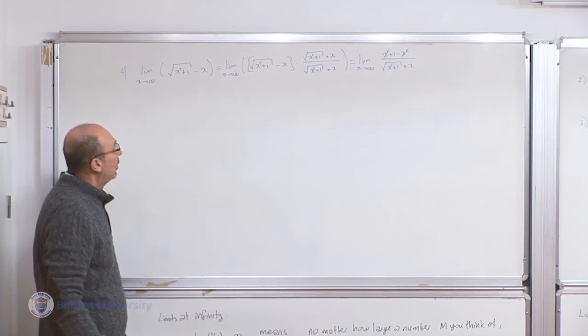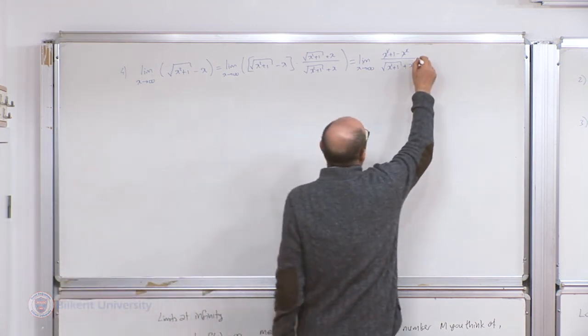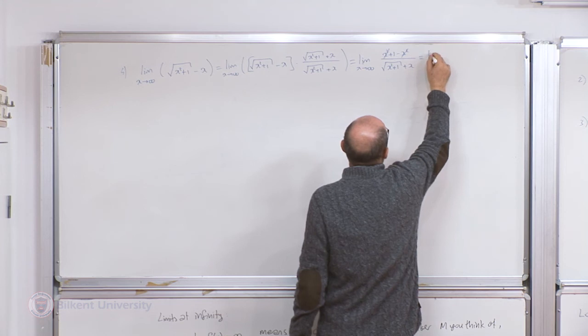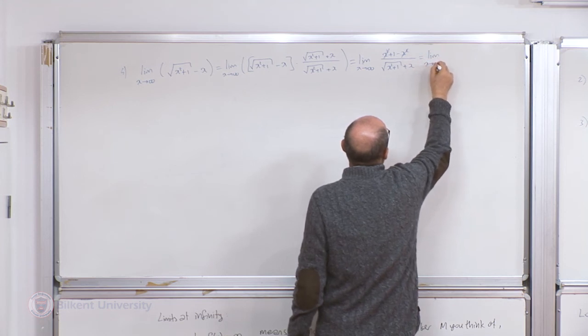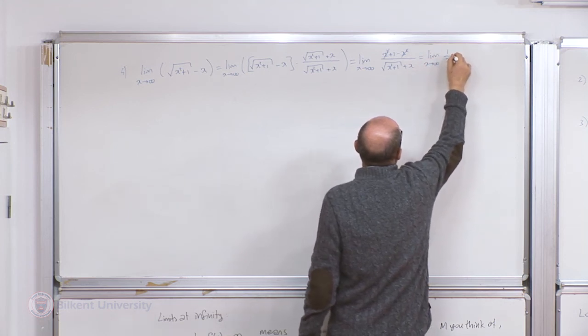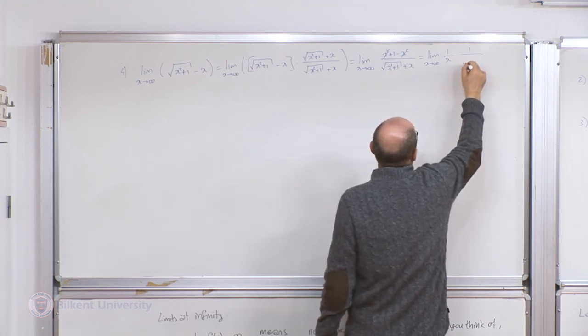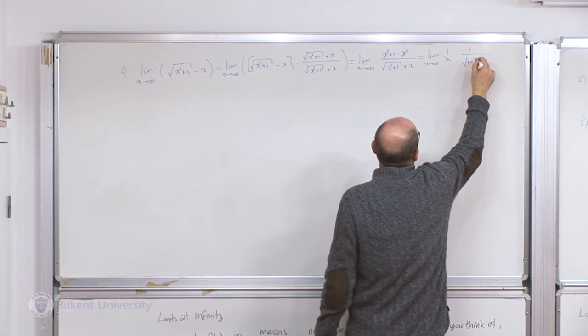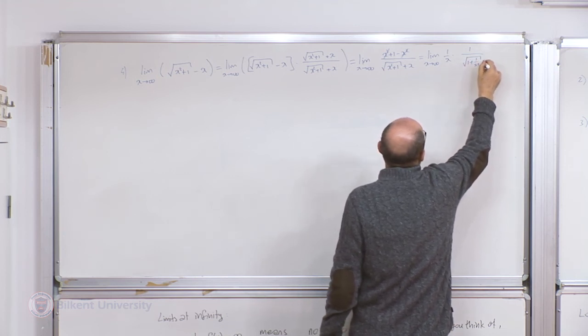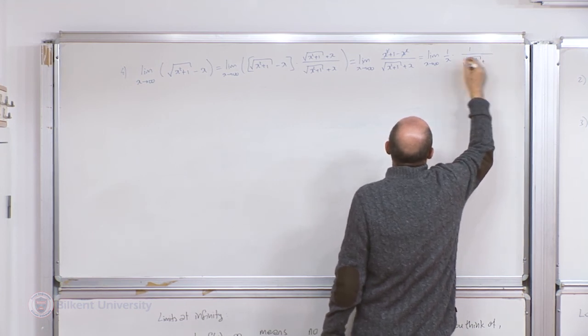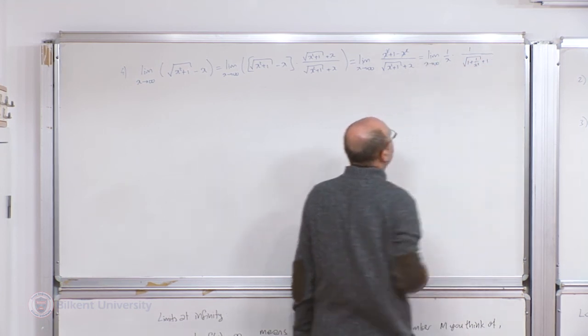Then you take x out. This is the limit as x goes to infinity of 1 over x times 1. I divide this by x, this is square root of 1 plus 1 over x squared, and I divide the other by x, 1.